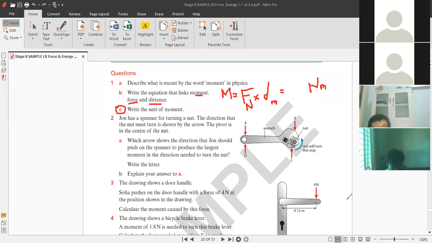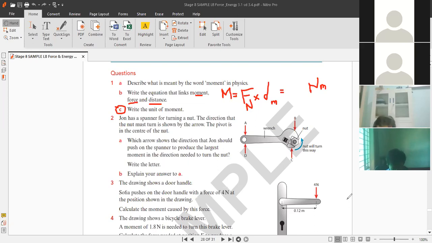A. Which arrow shows the direction that John should push on the spanner to produce the largest moment in the direction needed to turn the nut? Right. Okay, thank you. Keep your mic on, Mas Raka.